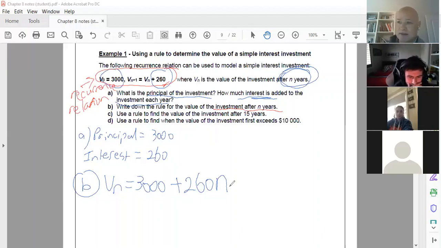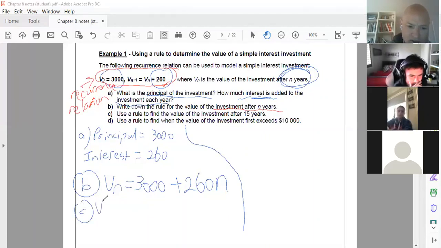Okay, part C. Part C says, use the rule to find the value after 15 years. Okay, well, now that I've got my rule, I'm going to find the value after 15 years. So n equals 15. So we've got 3,000 plus 260 times 15.